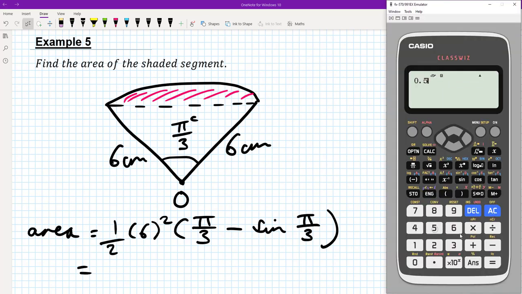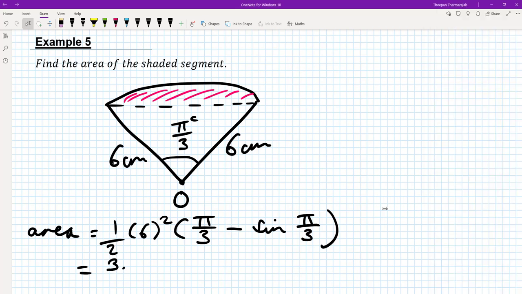It's going to be 0.5 times 36 times pi over 3 minus sine pi over 3, and we get an answer of 3.26 centimeters squared.